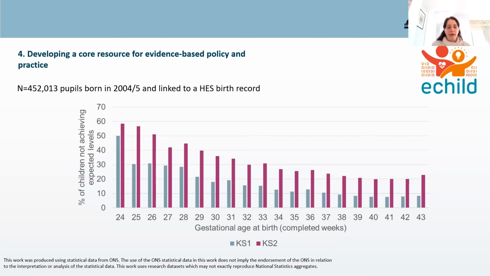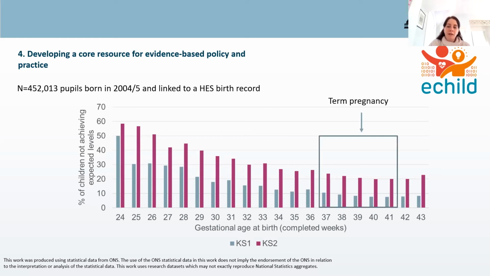So altogether, there's about 14 million children who are linked in eChild, but this data comes from just 1 year of birth, 2004-5, and shows the relationship between gestational age at birth and the percent of children not achieving expected levels in development at key stage 1 and key stage 2, so age 7 and 11.